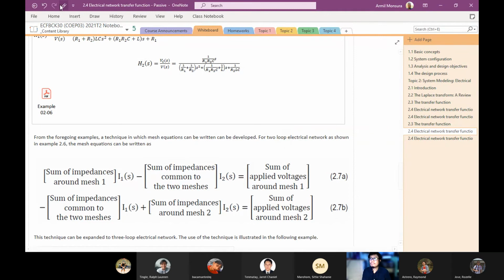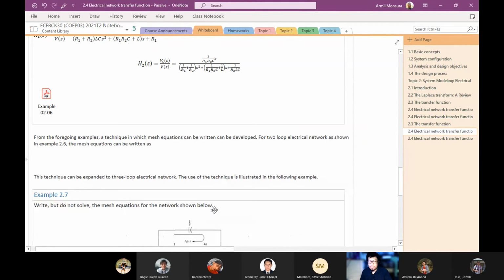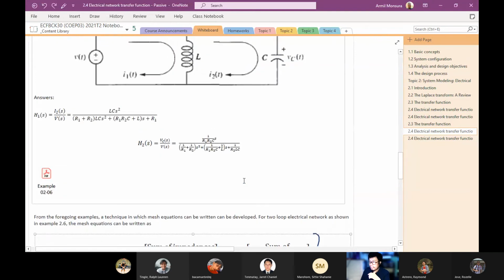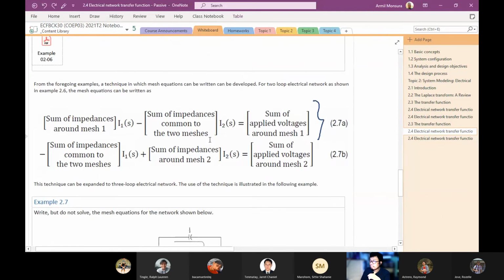Kopyahin nga natin to. Ayan. Hindi cut. Joke lang, hindi cut. Ayaw na bumalik. Dapat copy. Ayan, copy natin siya. Let us copy this here.